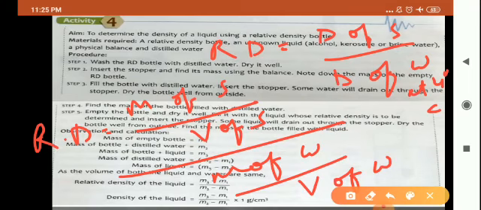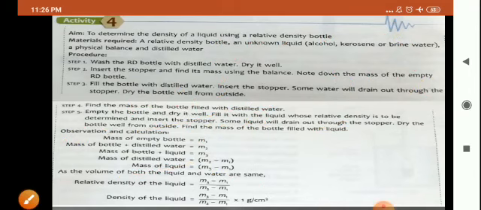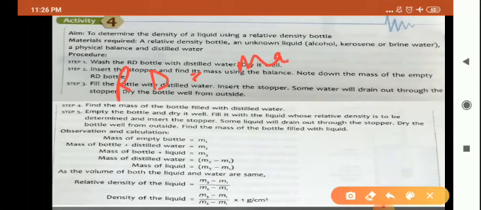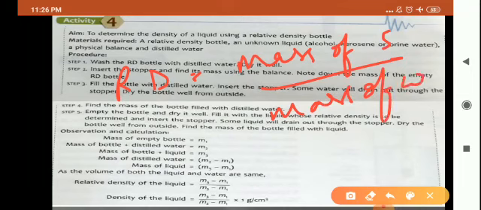Since the volume of substance and volume of water are the same, they will cancel each other. Hence we are left with another definition of relative density, that is mass of substance upon mass of water. And the same formula is applied here also.